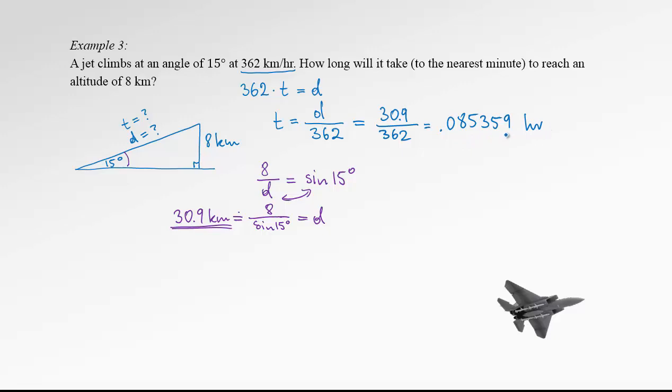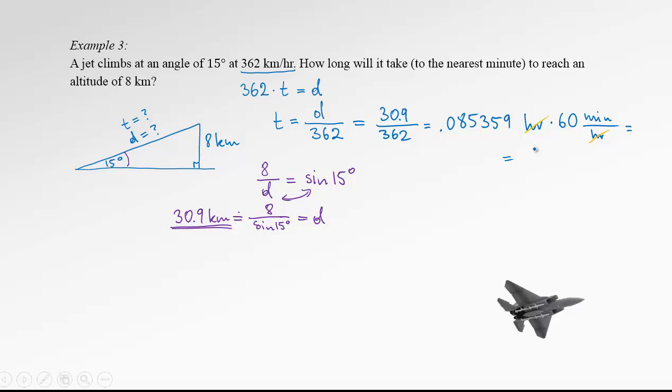So it's very small and sensitive. Okay, but we need to find the time to the nearest minute. So let's convert these hours into minutes by multiplying by 60. That's minutes over hours, which allows us to reduce the hours, and the answer is really in minutes.